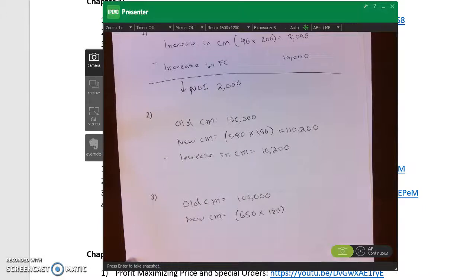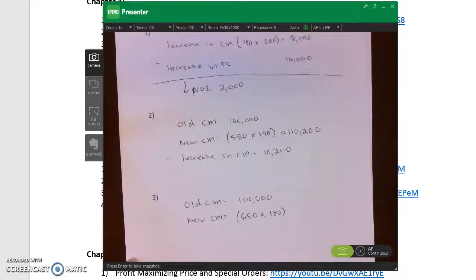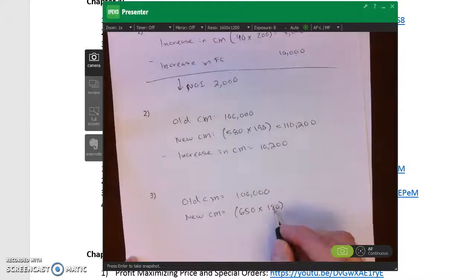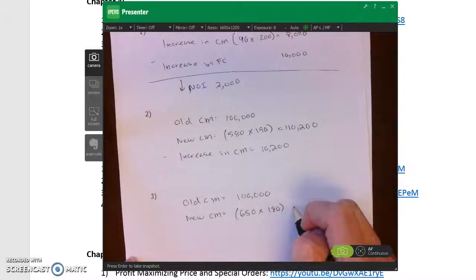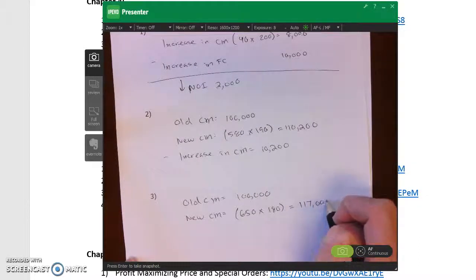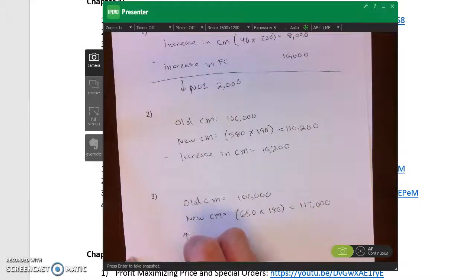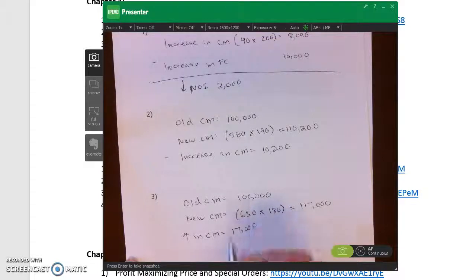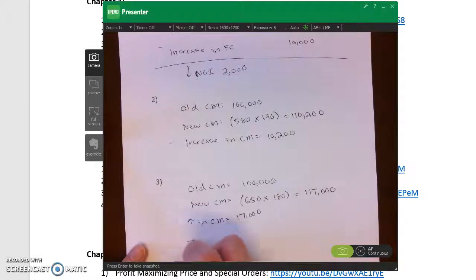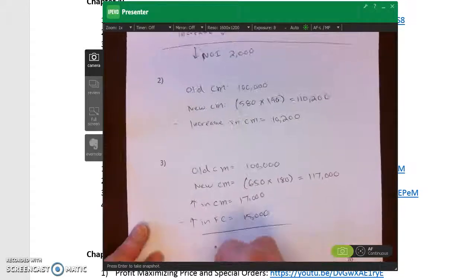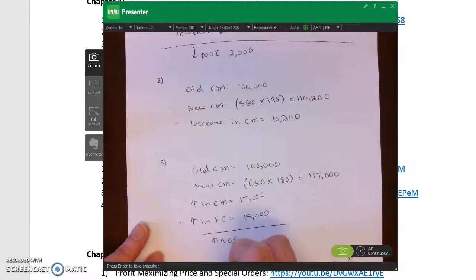Remember, it was $200, decrease the selling price by 20, so now it becomes $180, gives us our $117,000. So we have an increase in CM equal to our $17,000. And then what we have is minus our increase in fixed costs, which is given to us at $15,000. That means the increase in NOI is $2,000.